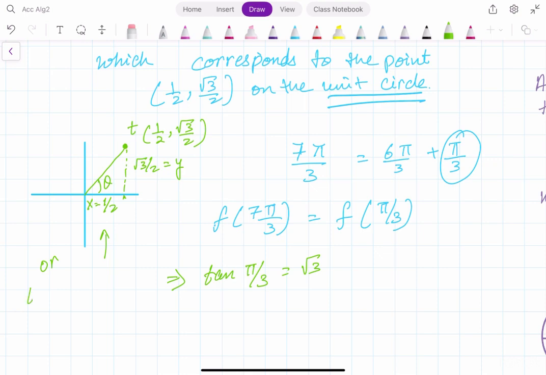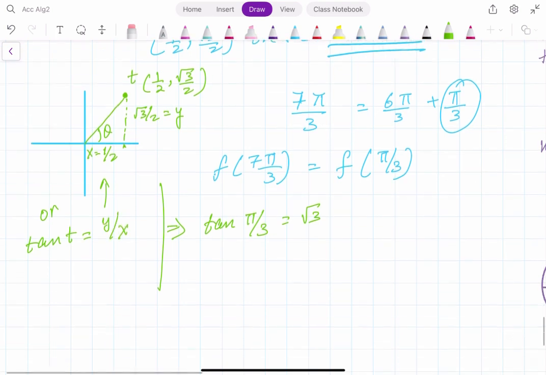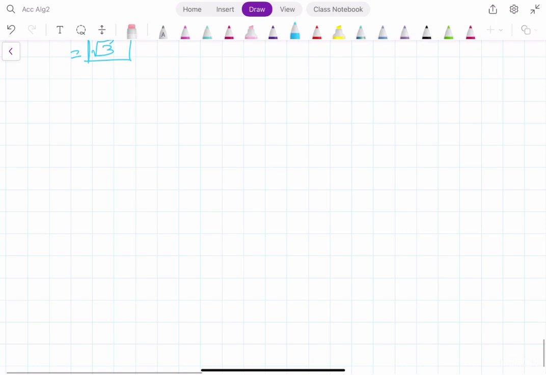So this is their way of asking you what is tangent pi thirds. If you just understand the first quadrant of the unit circle, you can figure out any angle on the unit circle, provided they are 30, 60, 90, and so on. So if I do y over x, it is radical 3 over 2 divided by 1/2.